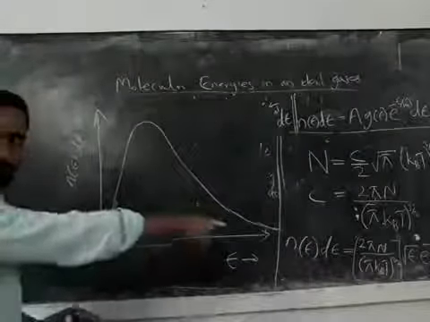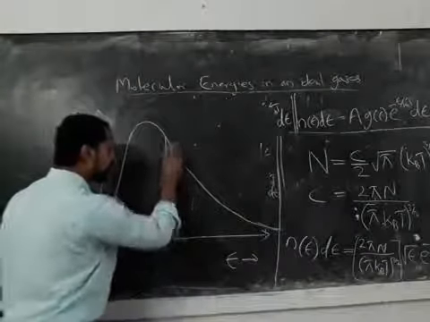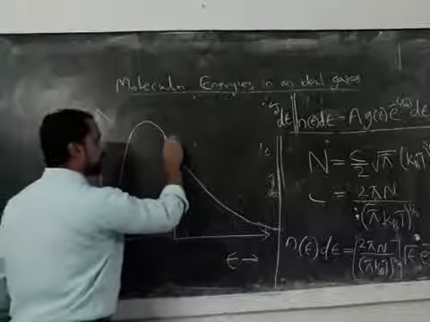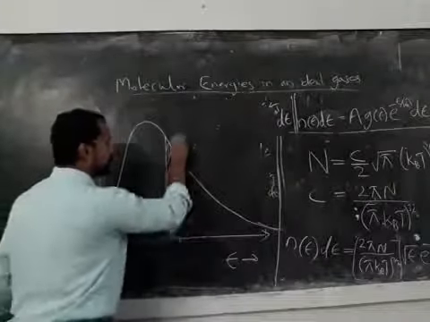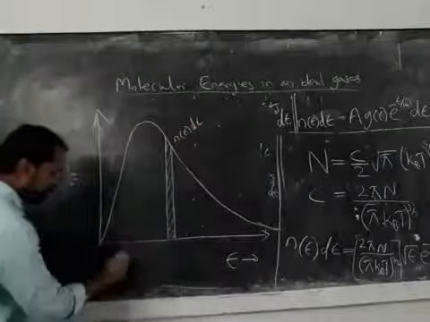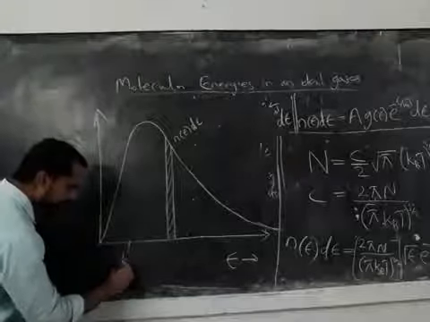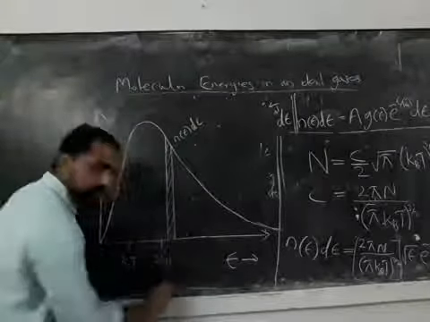And this integral that you have is the area of this one. This is N of epsilon d epsilon. Here you have kBT, 2 kBT.